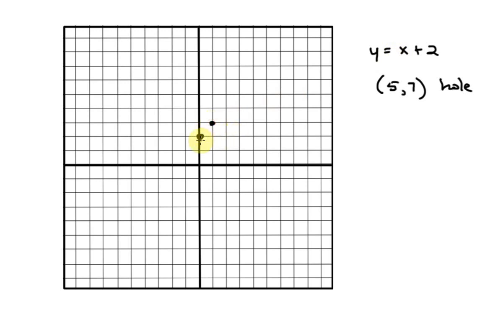So that basically shows me what my line is going to look like. It's going to carry on up like this. And I have to make sure that at 5 over and 7 up, 1, 2, 3, 4, 5, 6, 7, I show that there's a hole. Let's see if I can connect this all together. All right, so there's my line.